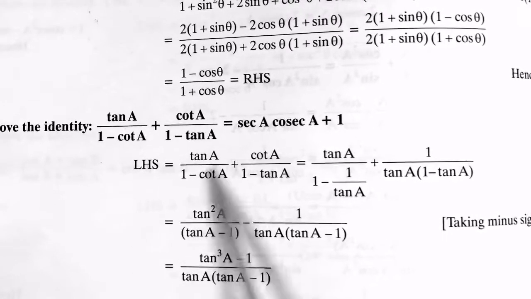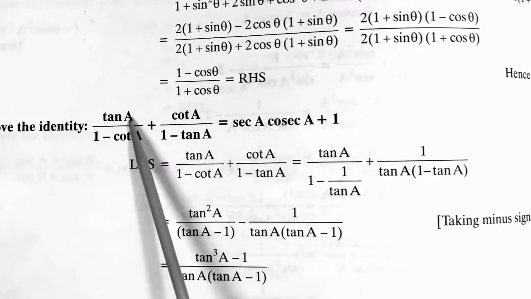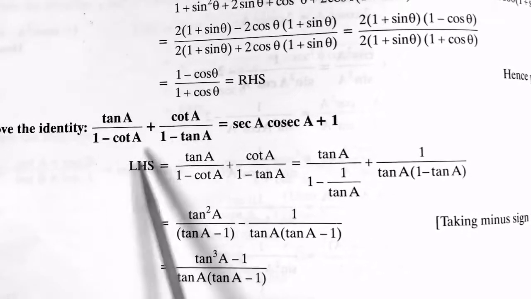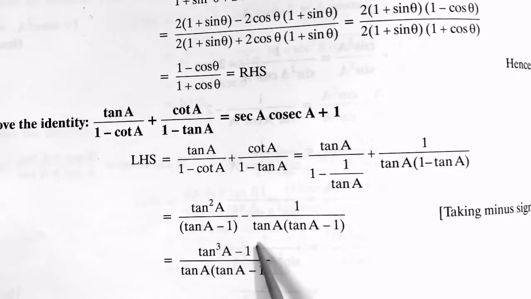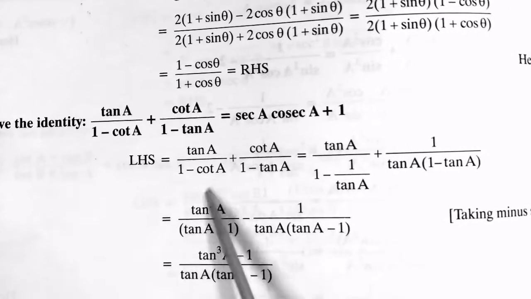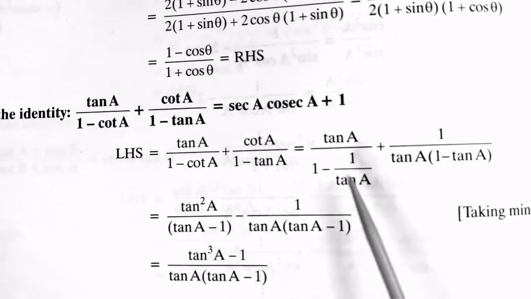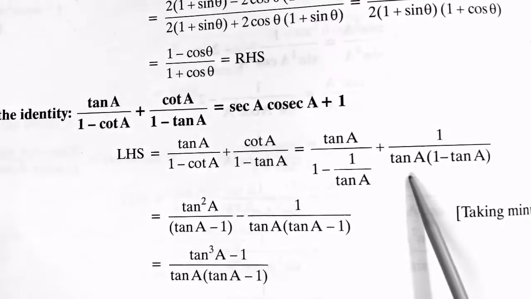Otherwise I can solve this question by changing tan into sine over cos and cot into cos over sine also, right? But if we have only tan and cot on both the sides, then we change only cot into 1 upon tan. So here this cot A I have written 1 over tan A.